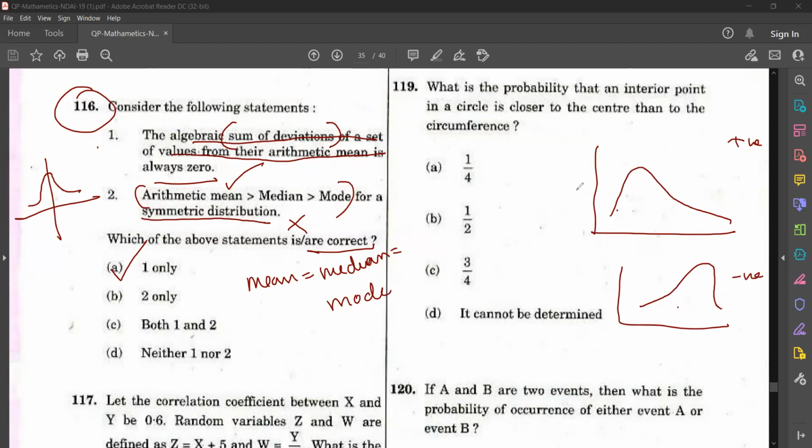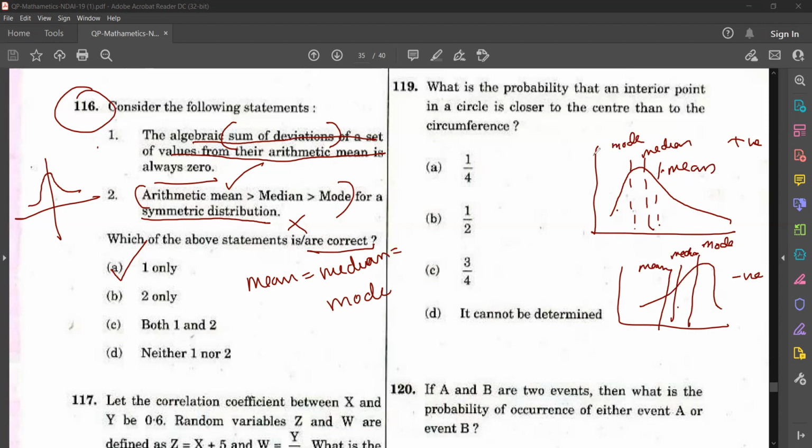For a positively skewed distribution, if you want, just note down: mode here, median here, mean here. Negatively skewed is just the opposite: mode here, median here, mean here. So in positively skewed, mode will be lesser, median will be higher, and mean will be higher, isn't it?